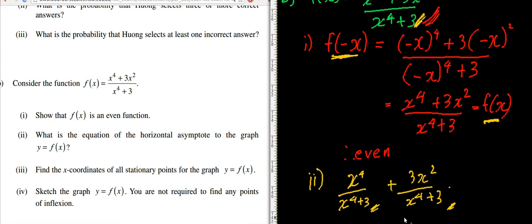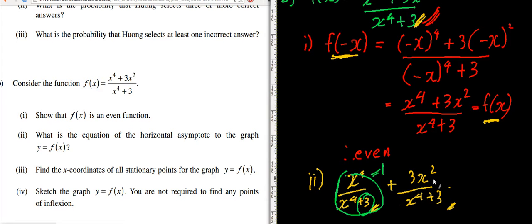I just broke up the fraction. When x goes to infinity, this plus 3 over here doesn't really matter, because basically what I have is infinity to the power of 4 on infinity to the power of 4, and they're pretty much the same numbers. So this fraction over here is going to be equal to 1.